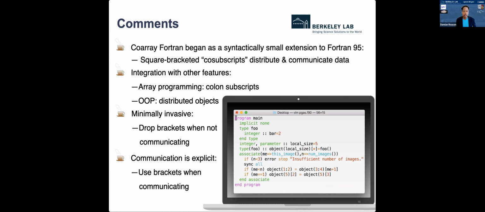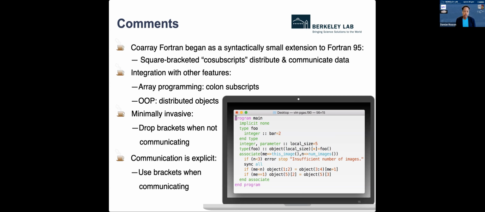That's why we have the square brackets in the declaration. When you know you want to communicate, you use the square brackets, and lots of code actually can stay the same. You can even pass the local portion of a coarray into a procedure that was written strictly as a serial procedure, and that procedure has no idea that it's receiving a part of a distributed object. So that's a nice thing for parallelizing legacy codes.